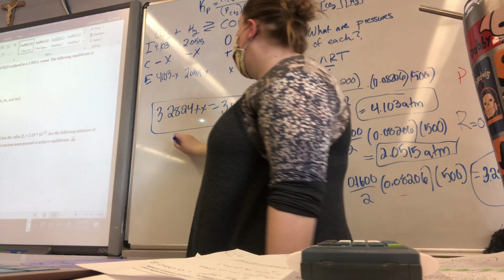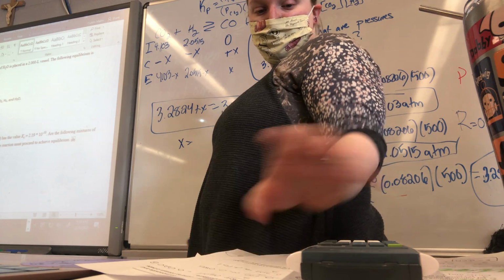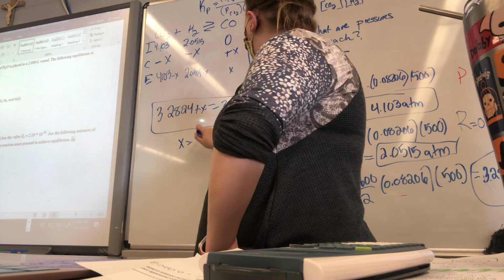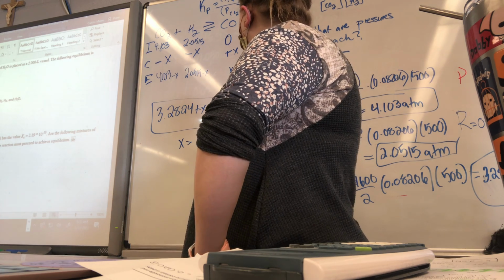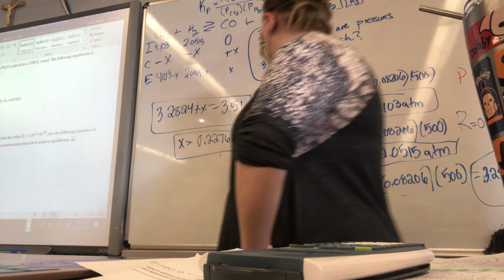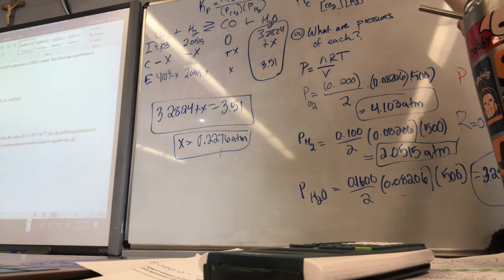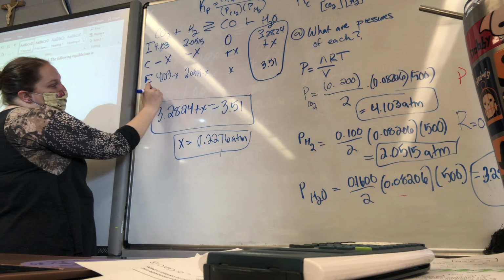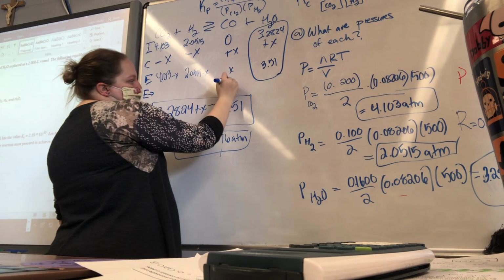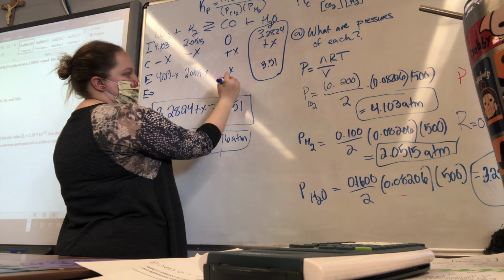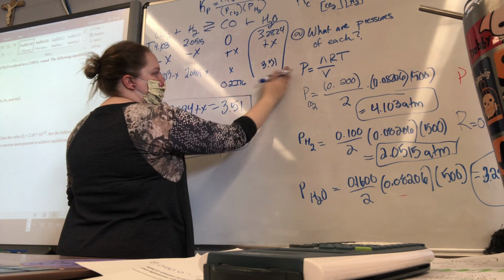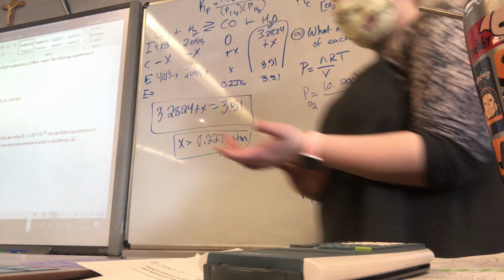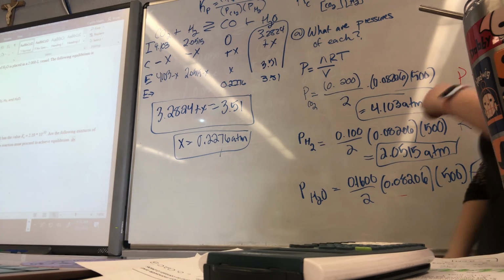All right, what do we get for x? 22,276. Sure. Okay, what do I do with it? Plug it back into our equilibrium row to get our equilibrium pressures. Sorry, these are pressures.